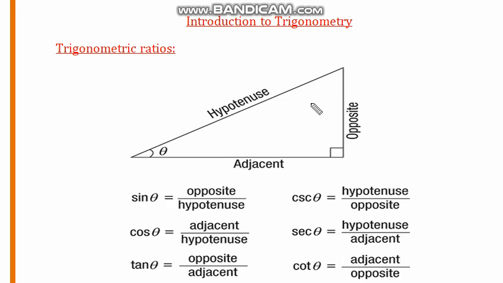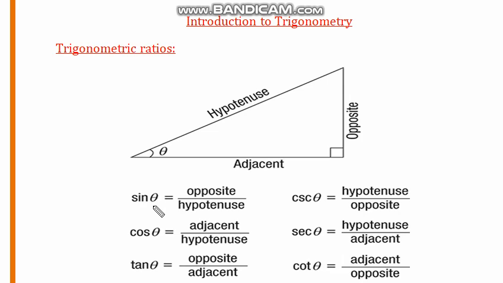If I take the other angle and denote it as A, then the opposite side and adjacent side switch roles. But the hypotenuse is the same, because it is opposite to the right angle.